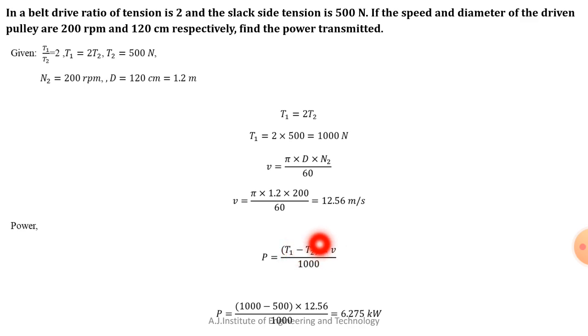Now we have to substitute here the T1 value, that is 1000 Newton, and T2 value is 500 Newton. So you have to substitute 1000 minus 500 into velocity 12.56 divided by 1000. Why 1000? To convert from watt to kilowatt. So you directly will get power as 6.275 kilowatt. So this is the end of this problem.